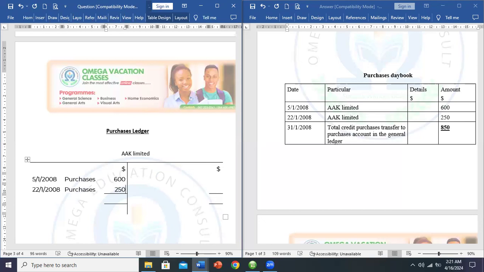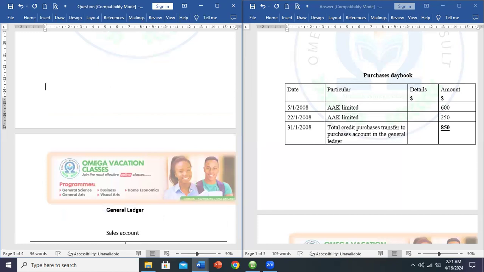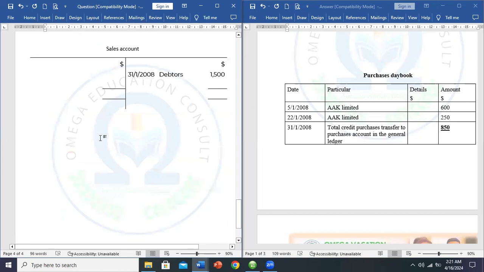So we are done with the individuals, left with the totals. And the totals will go into the general ledger in the purchases account. So I want to believe you are now getting the concept. It is becoming easier and better.